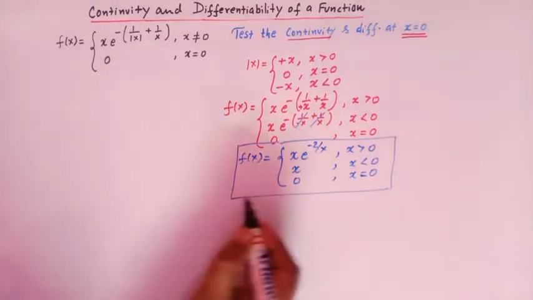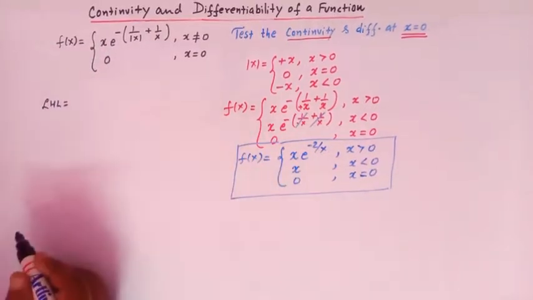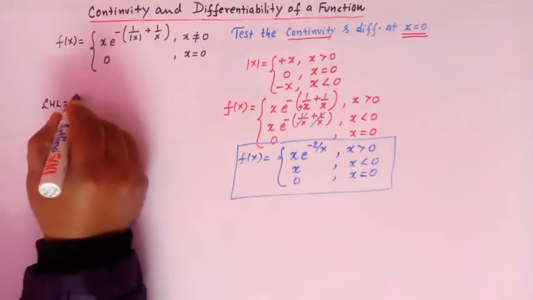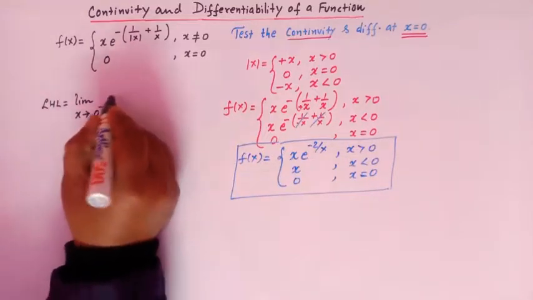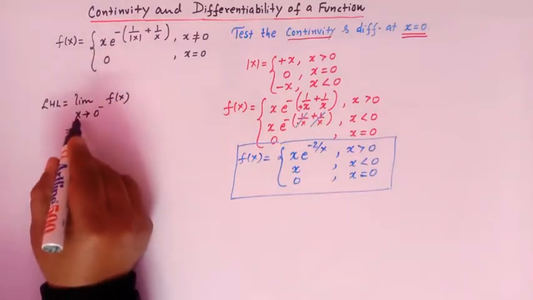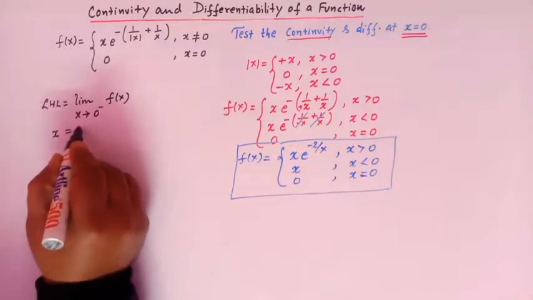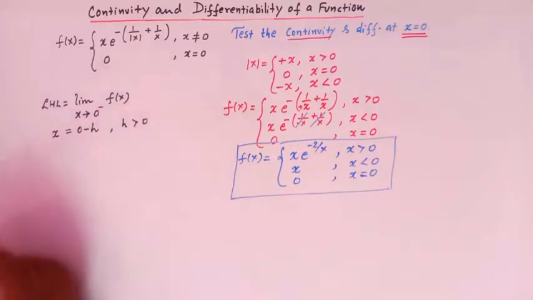So now the left hand limit of the function f of x at x equal to 0 is given by limit x tends to 0 minus f of x, right? And here we'll now put x is equal to 0 minus h, where h is a very small quantity but greater than 0, right?